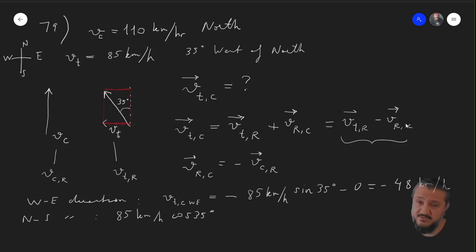From the second term, there's a minus sign here: VRC, which is negative VCR, and that is 110 kilometers per hour.